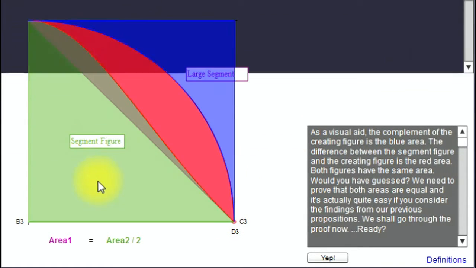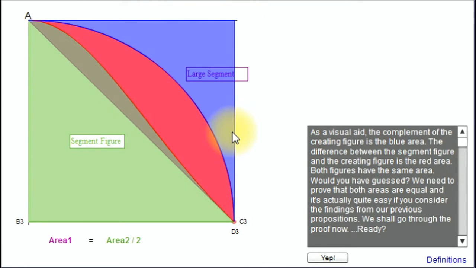The complementary area being basically the difference between the square of the radius of the circle and the quarter circle itself.